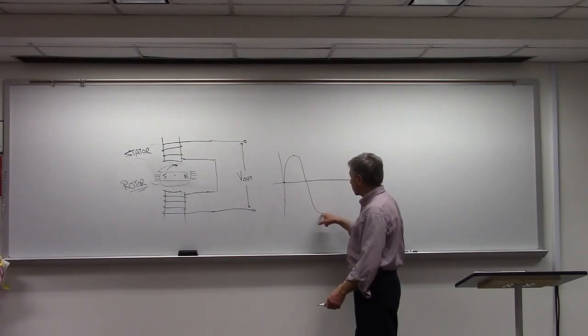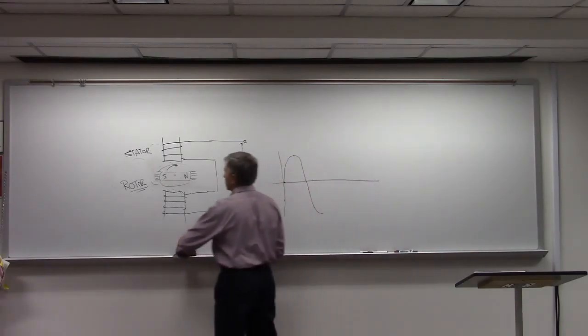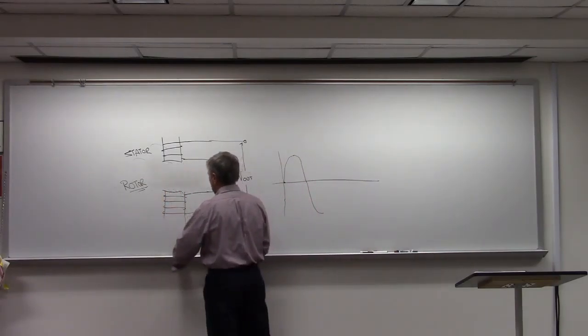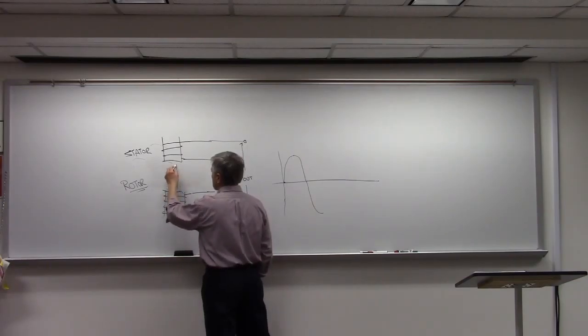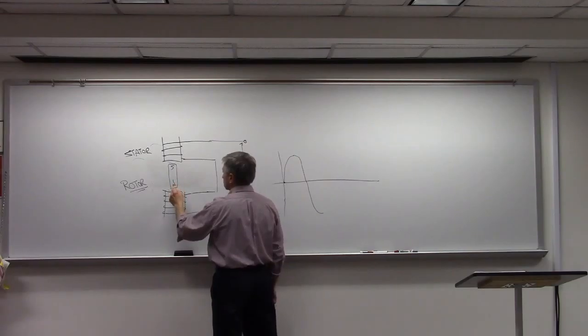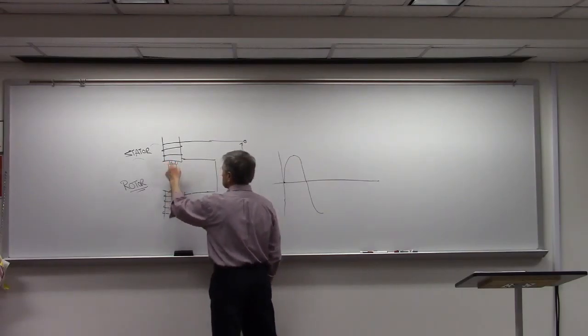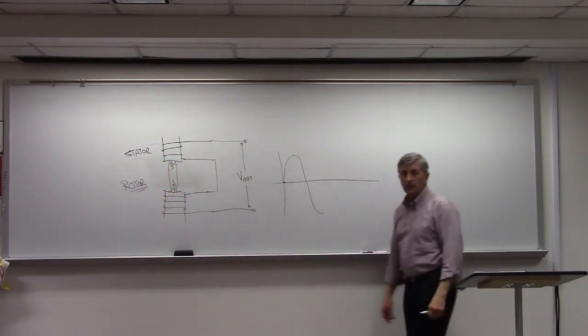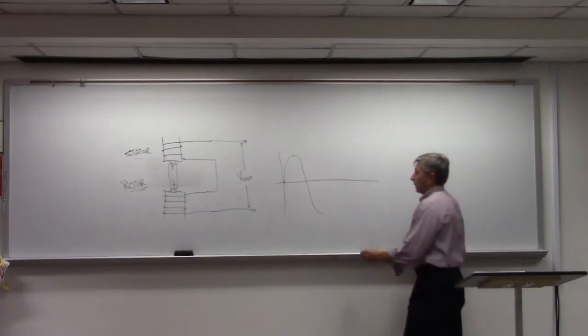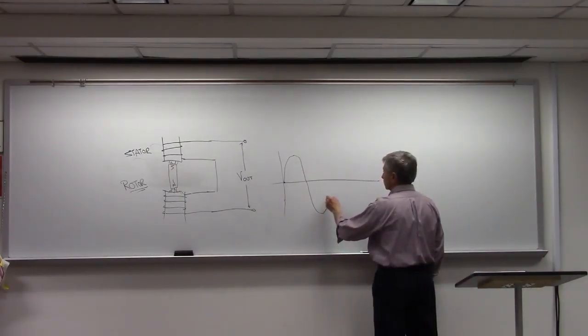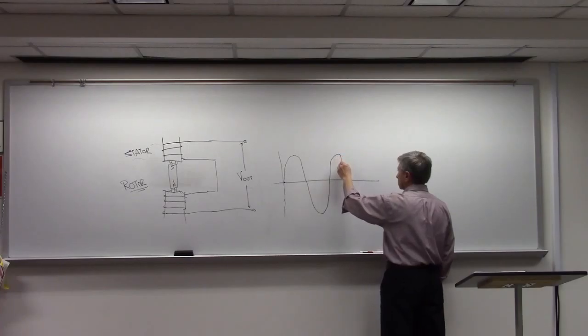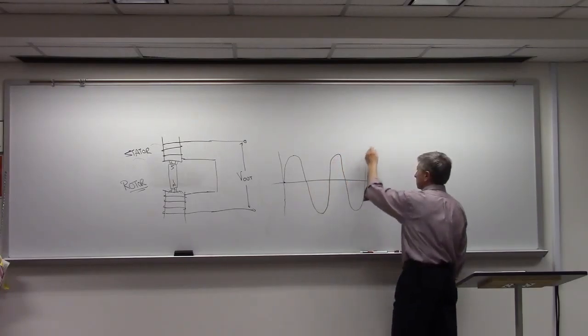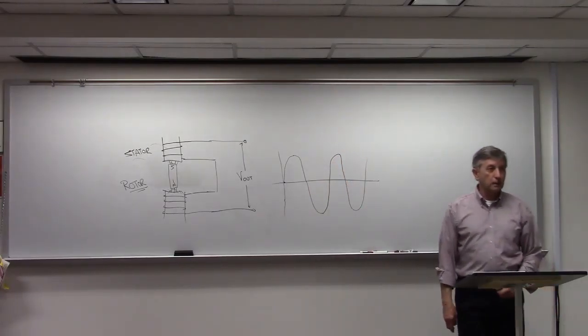And this position right here corresponds to this position. Okay? And you just keep going like that. So you have something like this. All right, that's pretty pathetic, but for a diagram.